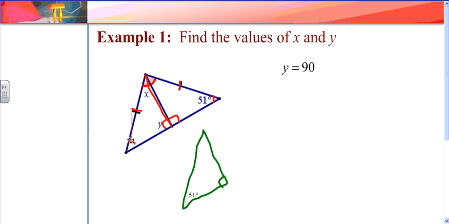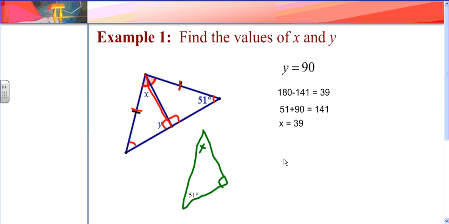So if I wanted to find x, all I have to do is add 51 plus 90 and subtract that from 180. So 51 plus 90 is equal to 141. 180 minus 141 is equal to 39. So x must be equal to 39. And we're done.